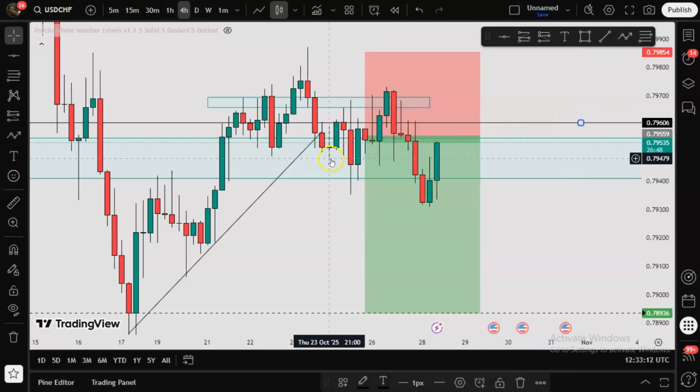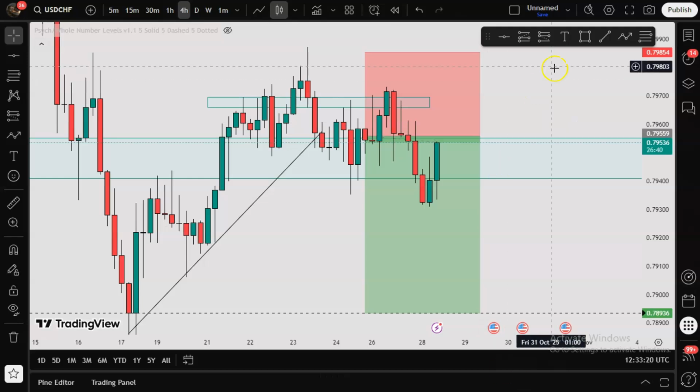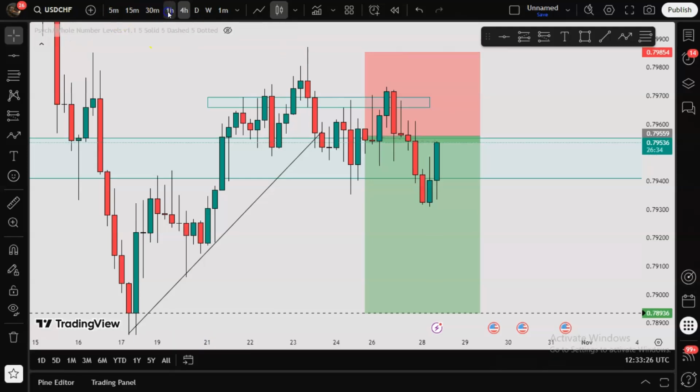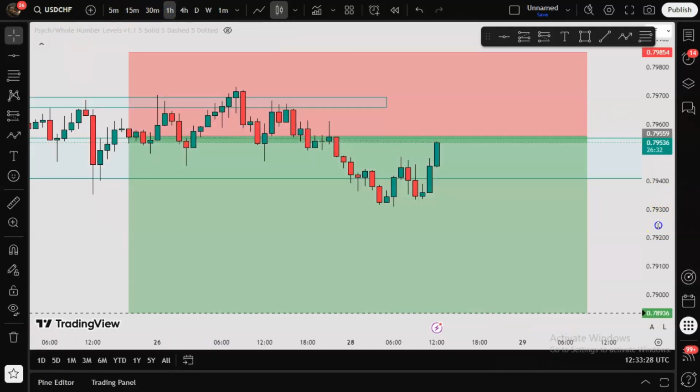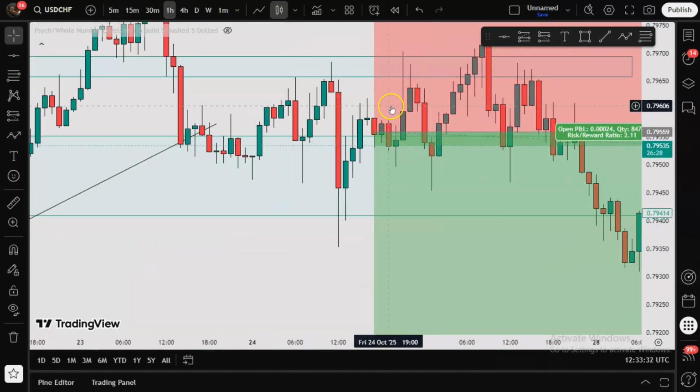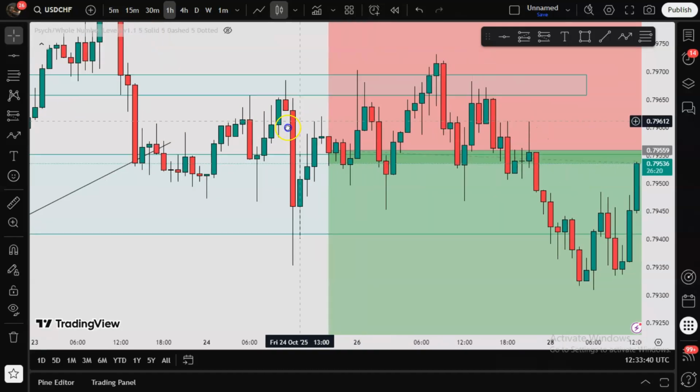As you can see, price came there and rejected, and that was a signal that helped me take that trade. Then I lowered down to the 1 hour and took my entry. I actually took this entry because of this type of candle formation over here.